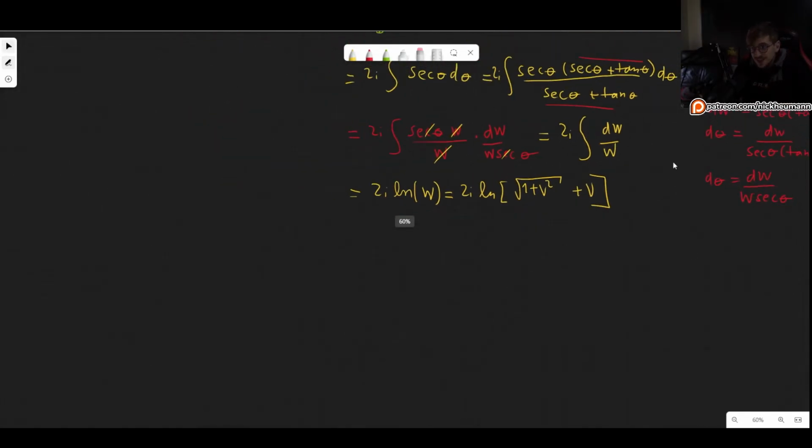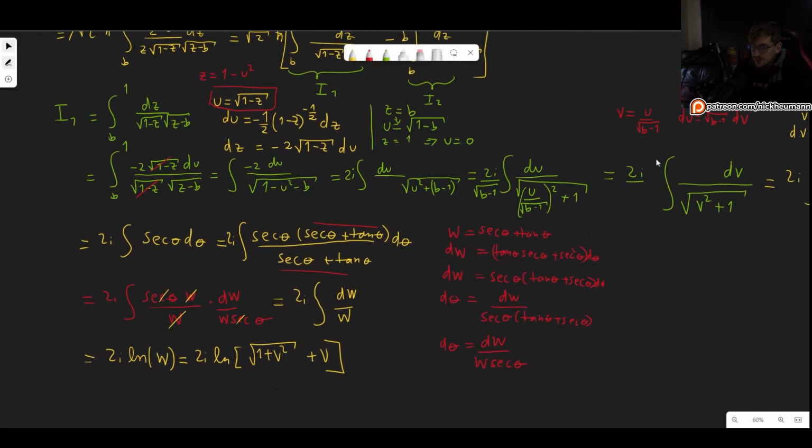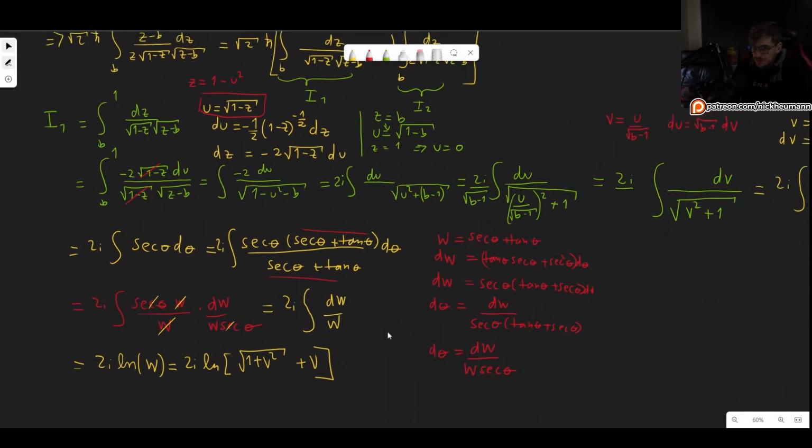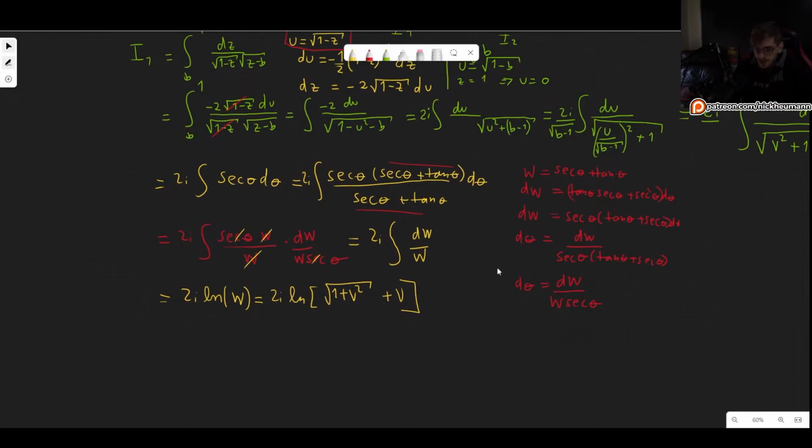Okay. Now we need to continue. What was v? So let's see, where was it here? V is u divided by the square root of b minus 1. So plugging that in, we get 2i natural log of the square root of 1 plus u squared divided by b minus 1, so all of that inside the square root.